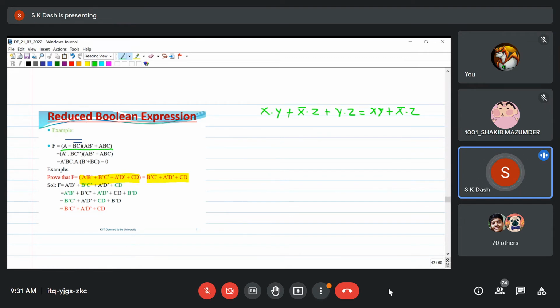Check in this expression, can I apply the consensus theorem directly such that A bar B bar will be removed? That means A bar B bar should be your YZ.